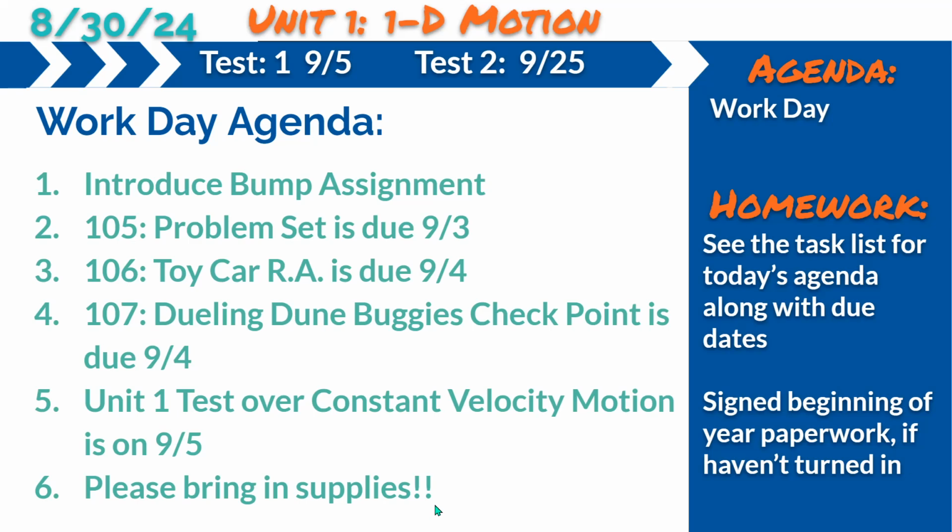But you do need to have a way to organize your labs and keep them together throughout the year. In fact, you're going to have a grade for keeping your labs together, a lab notebook check at the end of each semester. So that'll be upcoming, but in addition to that, just general class supplies that you would need, along with whole group supplies for the room, all that is up on the board.